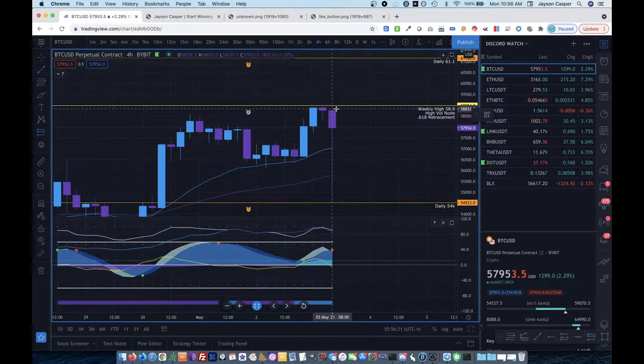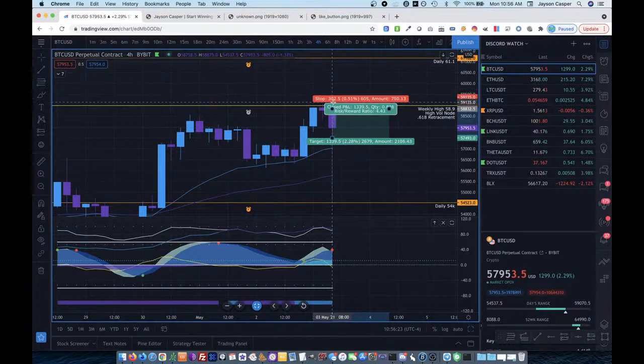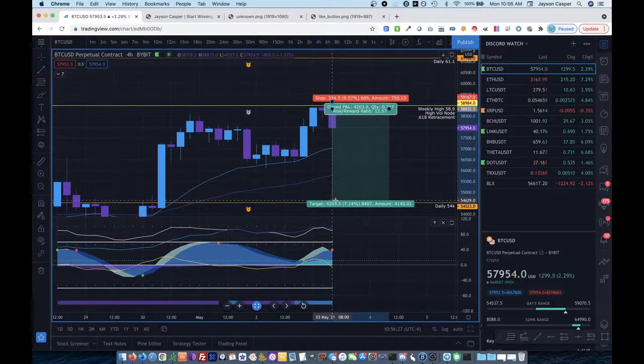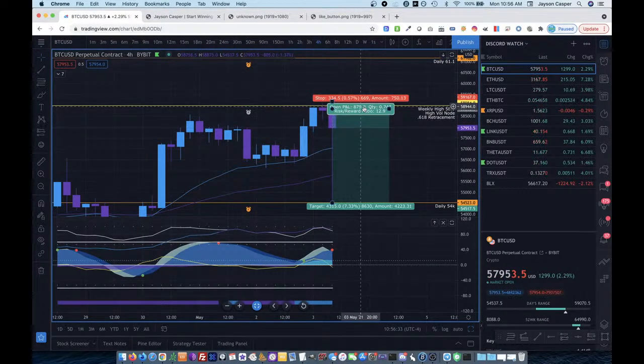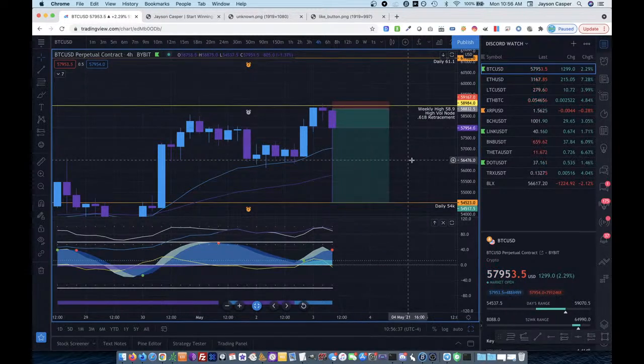I'm going to enter my short position here. I'm going to set my stop loss right up here, okay? And I'm going to set my take profit all the way down here, take profit down along the way to make sure I lock in money. I'm risking only 0.5% to potentially gain 7%. If you do your technical analysis and you use good risk management, this is not gambling. You're looking at the chart and doing your analysis to determine the most probable outcome.